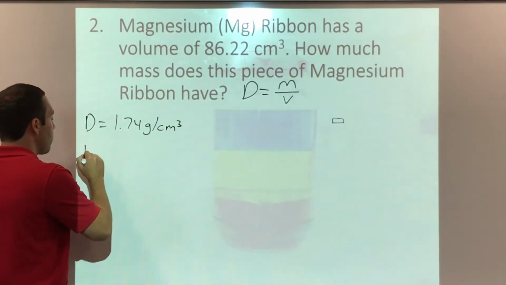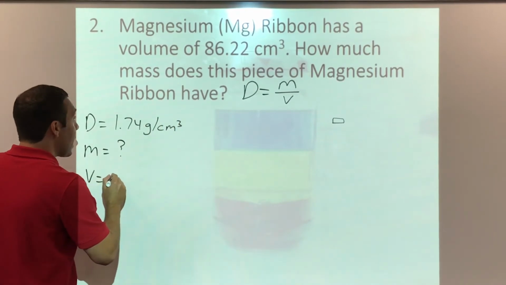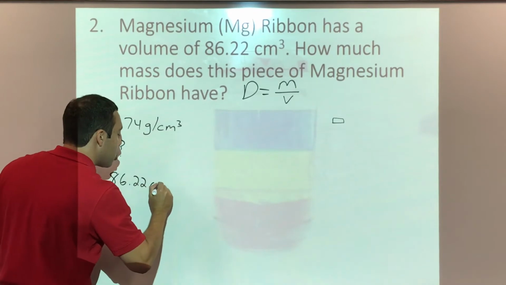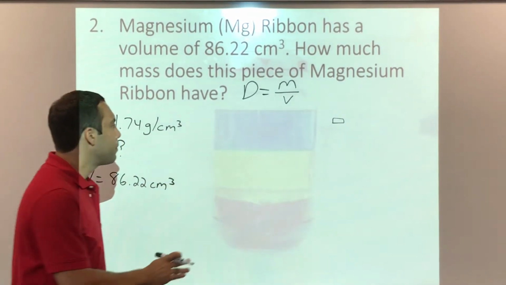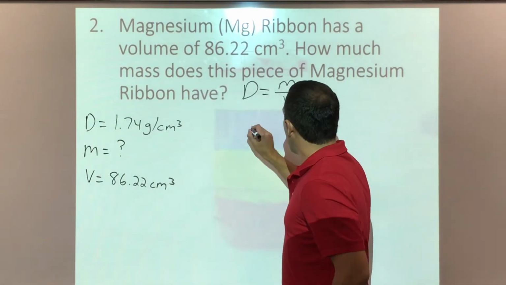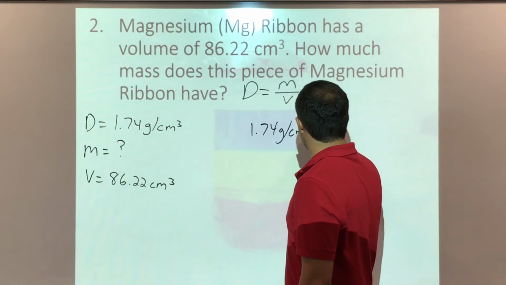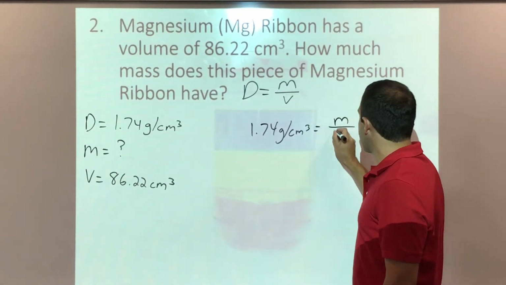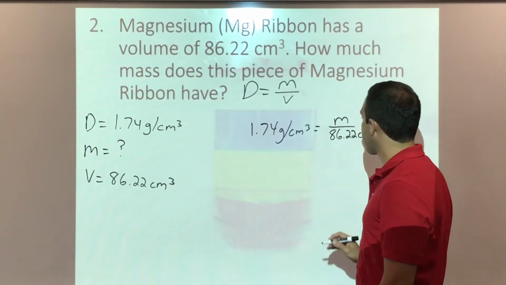The mass is our unknown value, and our volume is 86.22 cubic centimeters. Now we plug in 1.74 grams per cubic centimeter equals mass, our unknown, divided by our volume, 86.22 cubic centimeters.